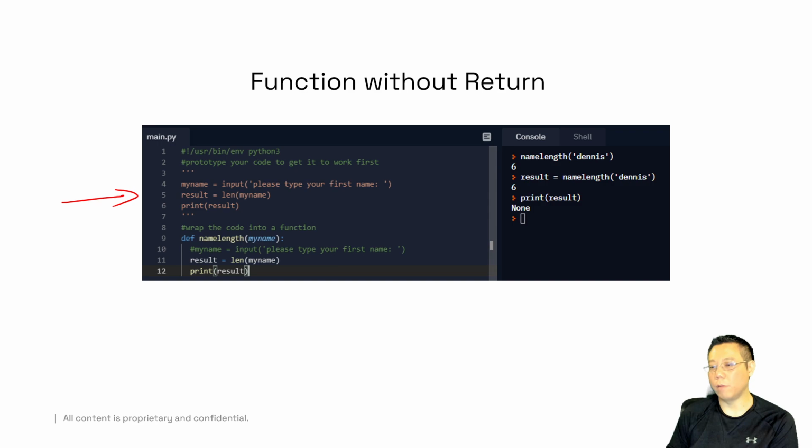If I wanted to make this a repeatable item, instead of saying Dennis, what if I took my input to be something else and always measure it? So if I took my input each time and it wasn't Dennis, it would capture something else. So I want to create the name length of a function instead of just using my name by itself.